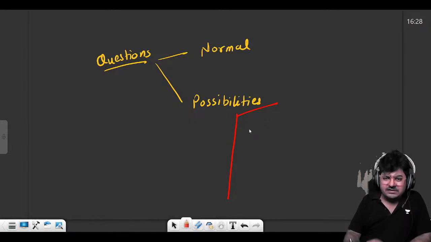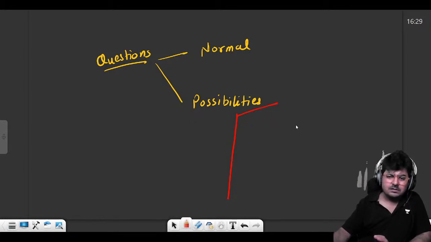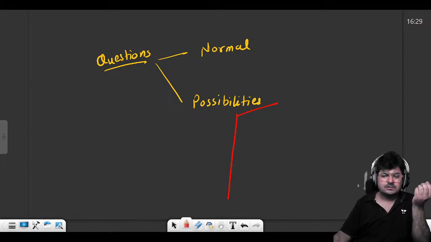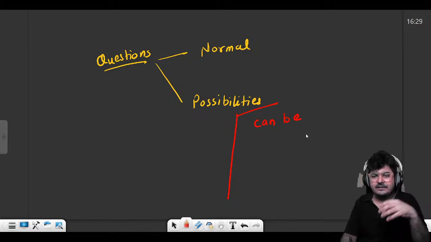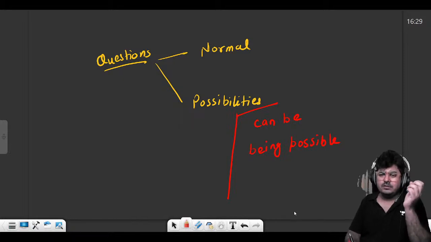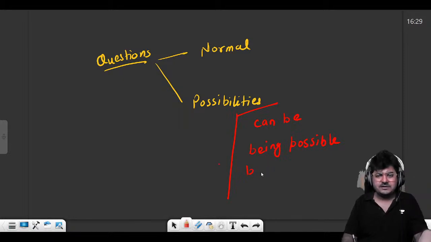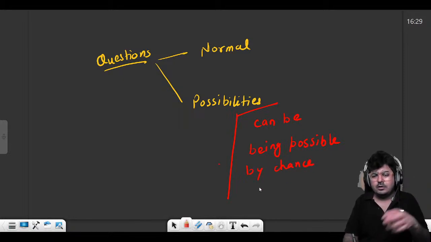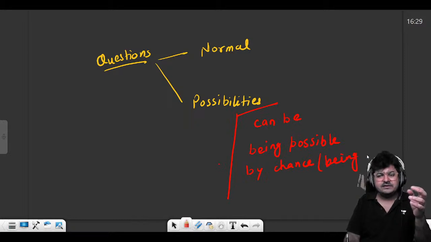So in the statement, if there are questions or there are the words, okay, like can be, this can be, that can be, okay, or directly mentioned that being possible, okay, or if they are saying like by chance or being chance, meaning is same.